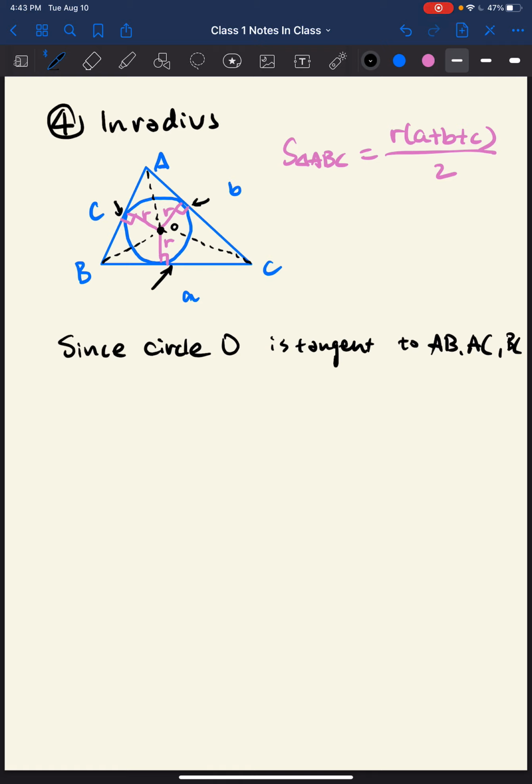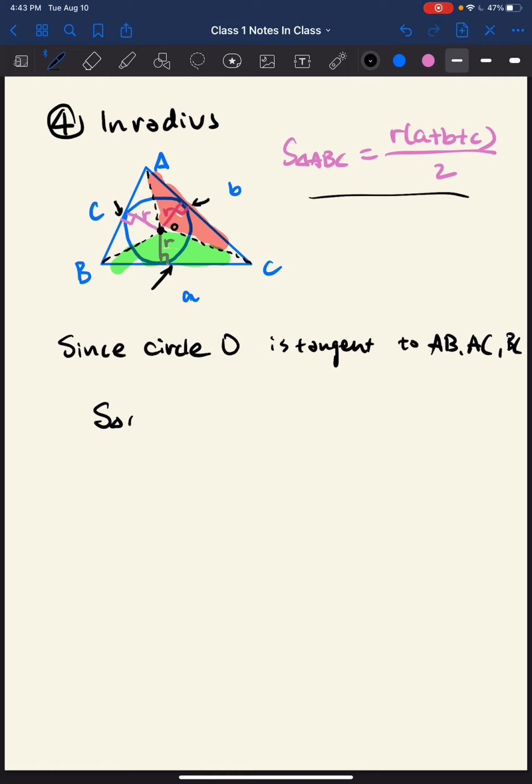So now, where does this formula come from? We can separate the big triangle ABC into triangle AOC, this part, and OBC, this part, and the empty one, ABO.